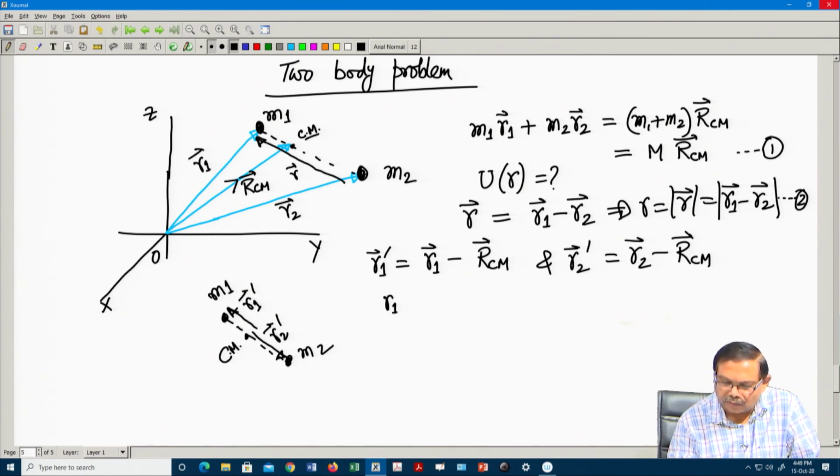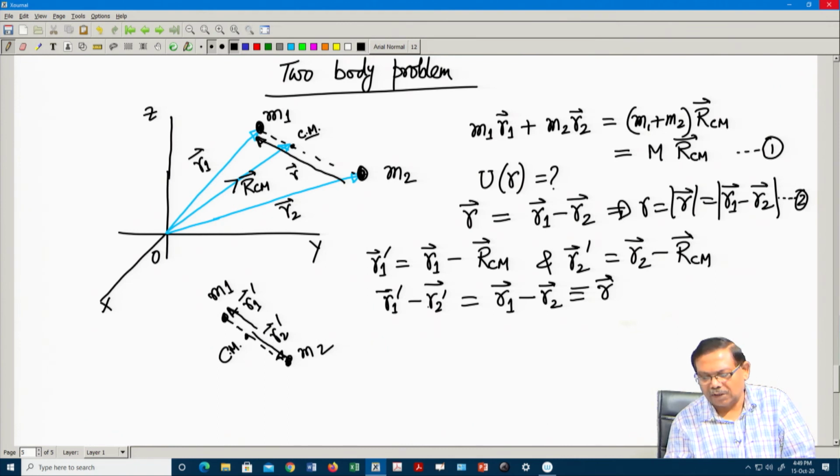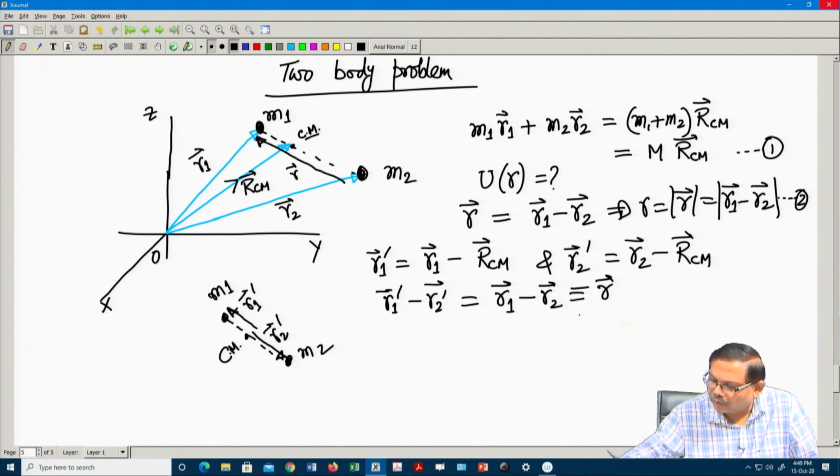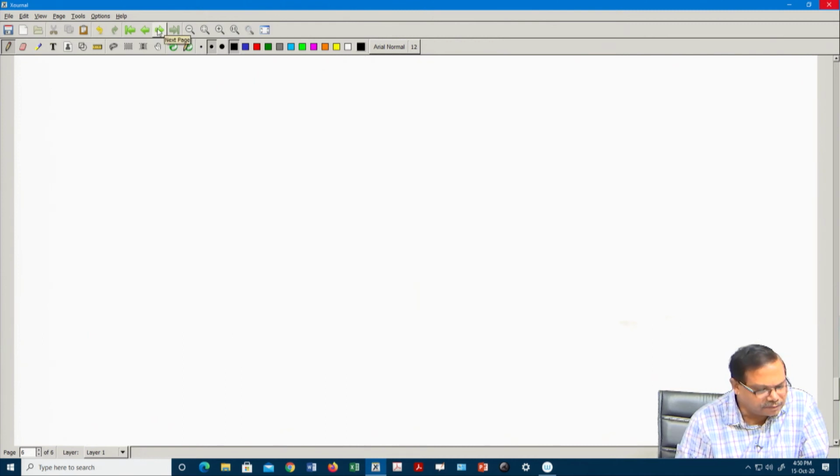So, r1 prime minus r2 prime is the same as r1 minus r2. So, these are the same whether I take from this point or from the origin. Okay. Now, we will try to write the Lagrangian of this two body system.